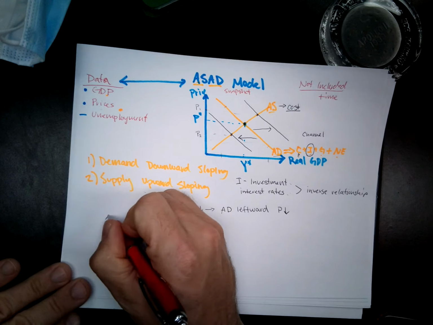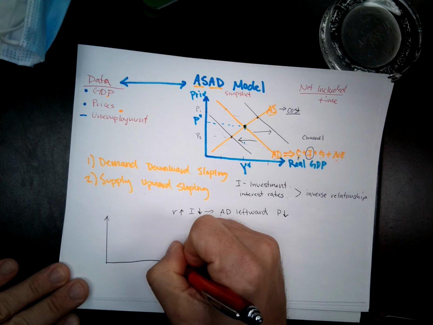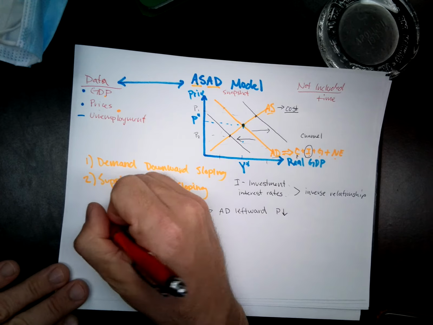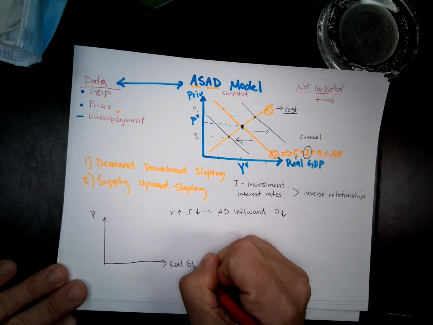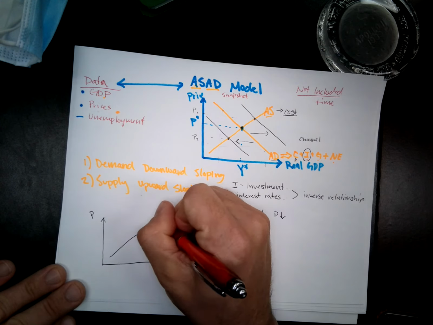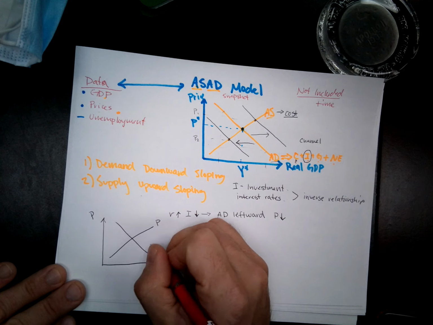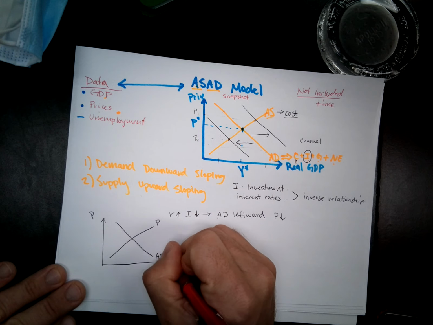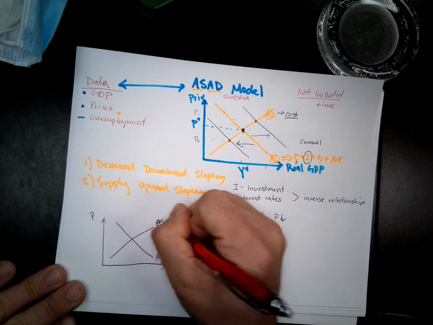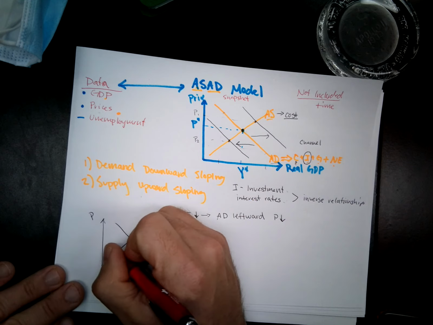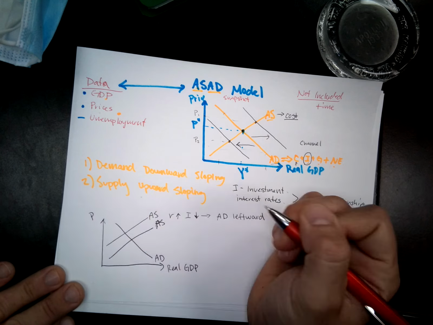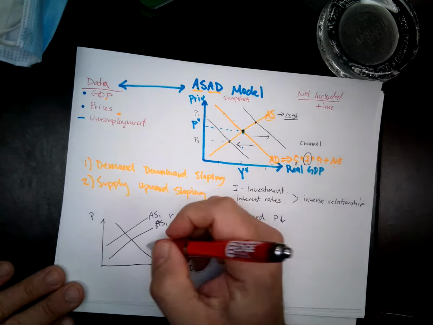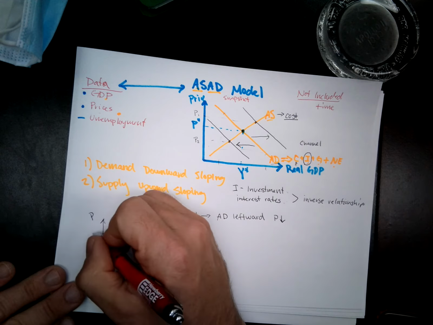Now, the interesting thing about supply shifts, I'll just redraw this. Sorry, it should be AS. If something causes firm cost to shift up, say from AS1 to AS2, you notice that this directly increases prices.